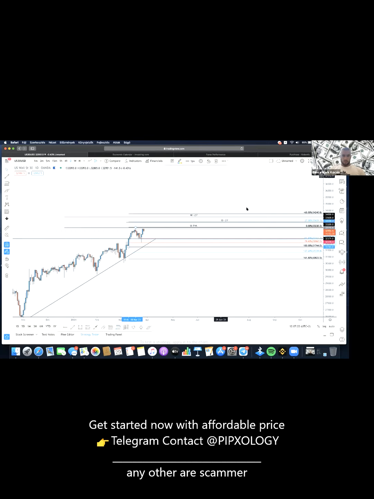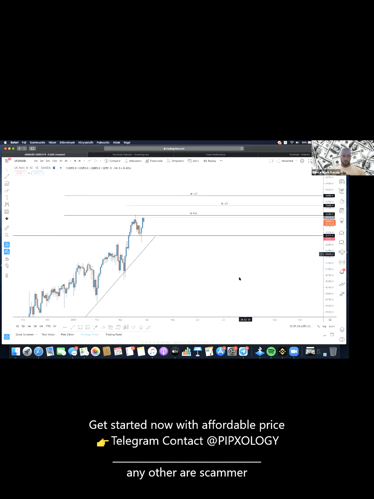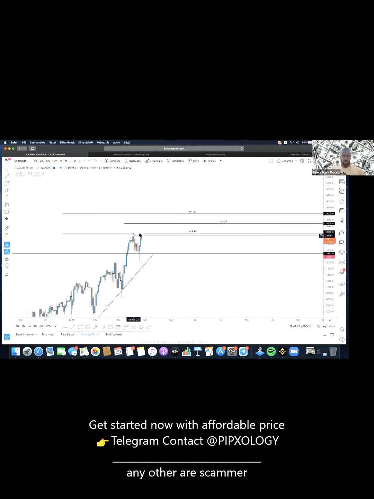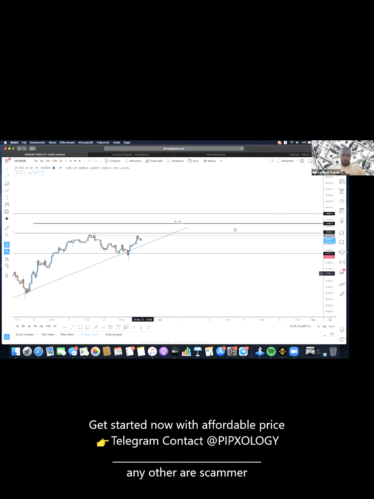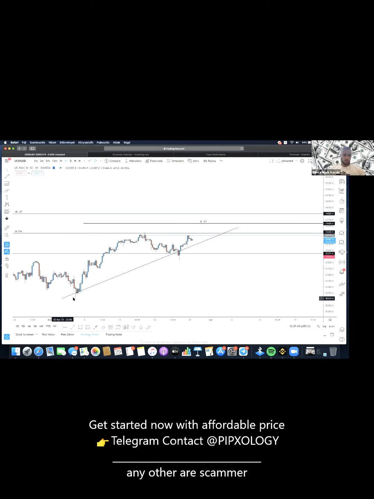Now it looks like the price rejected from the previous high level. I think it's still possible to continue higher, but before it makes that move, it's possible it makes some bigger pullback to the downside. I just drew the most recent trend line. That's on the daily. Probably I need to adjust it a little bit on the 4 hour.